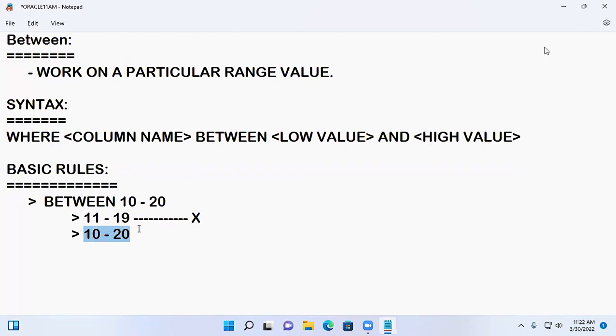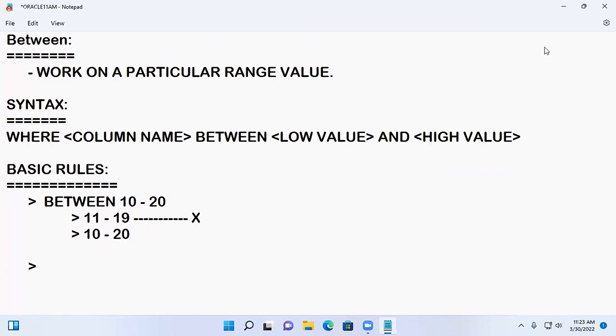That means the BETWEEN operator returns all values including the source as well as the destination, and the in-between values also. Many people expect 11 to 19, but the BETWEEN operator does not work like this. It returns including the source and destination value. So this is the first rule of the BETWEEN operator.